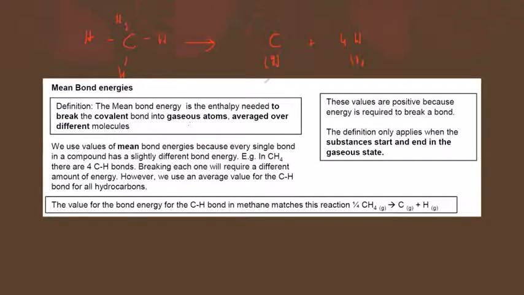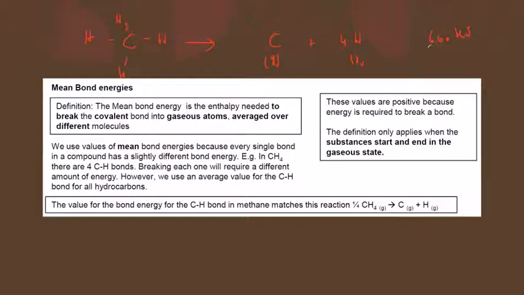So when we produce gaseous atoms by breaking the bond, the energy required to break the bond is averaged over the different molecules. For example, here we are breaking 4 bonds. If the energy required is endothermic, 600 kilojoules per mole, that is for 4 bonds.